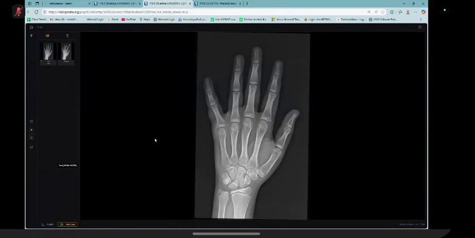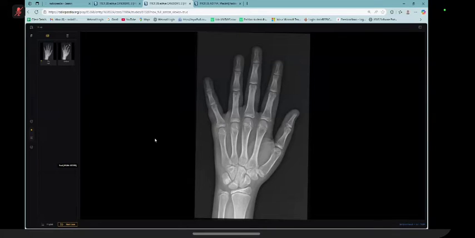So I would like to take the history of the patient, whether there is a history of trauma. If there is, then this could be due to a Salter-Harris type 2 fracture, or if there is any history of infection, then it could be due to osteomyelitis.